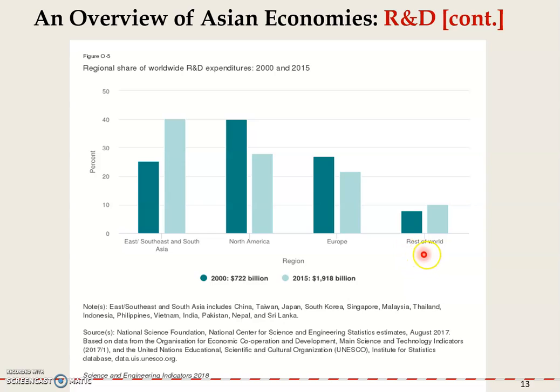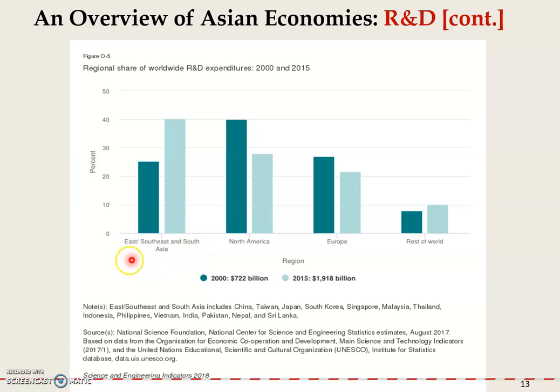The third one is Europe, and the fourth one is the rest of the world. This chart was published again in 2018. You find two bars for each area. The dark green or teal bars is their share of the global R&D spending in 2000, and the lighter one is the 2015 share.